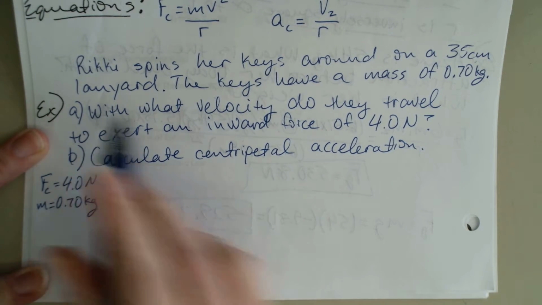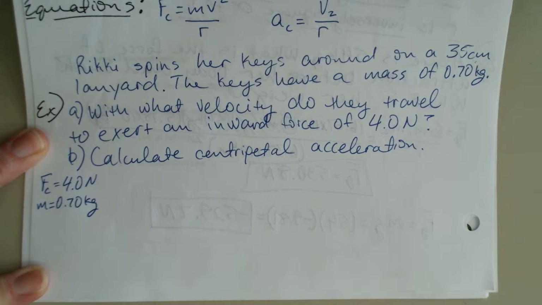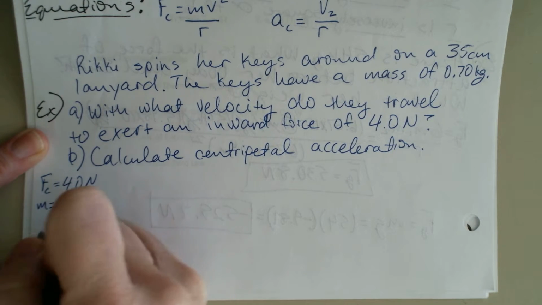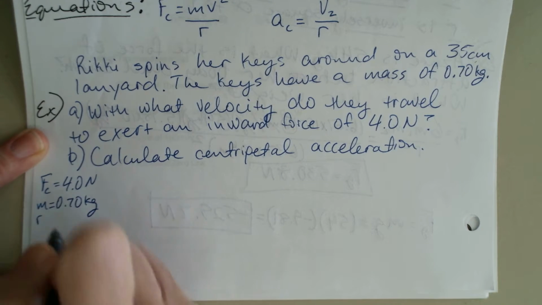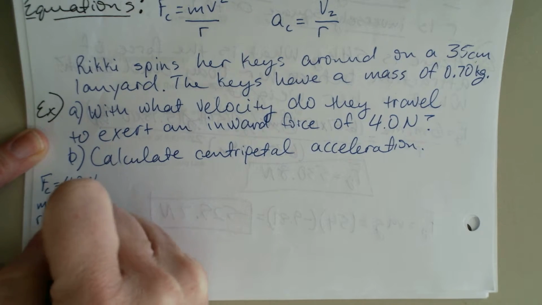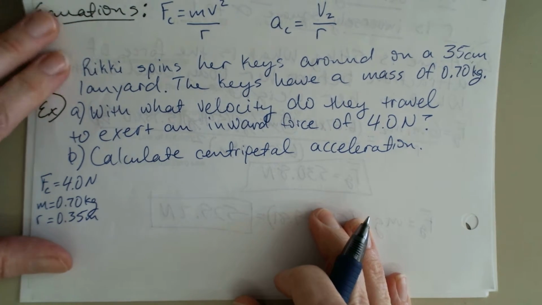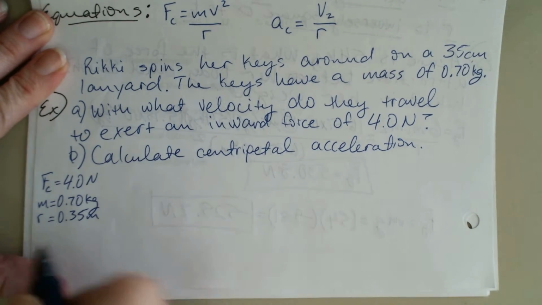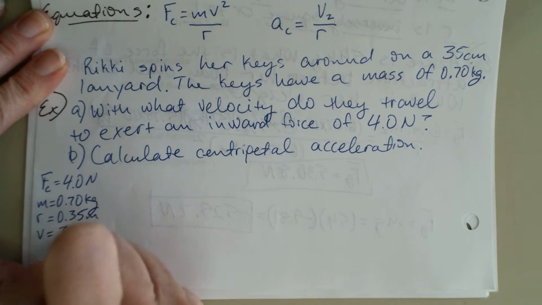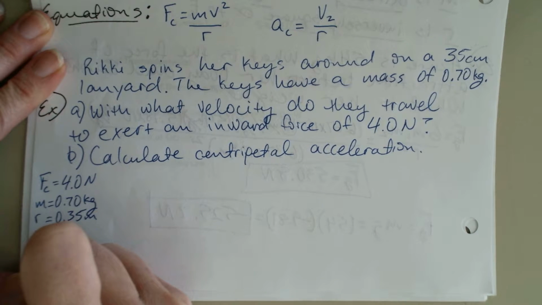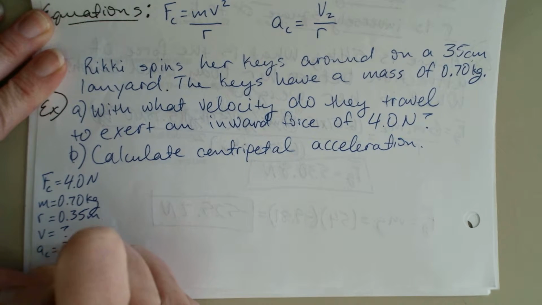The lanyard is the radius of the circle that's spinning. I need that to be in meters though. So the radius of the spin is 0.35 meters because there's 100 centimeters in a meter. And I'm looking for velocity for part A, and for part B I'm looking for centripetal acceleration.